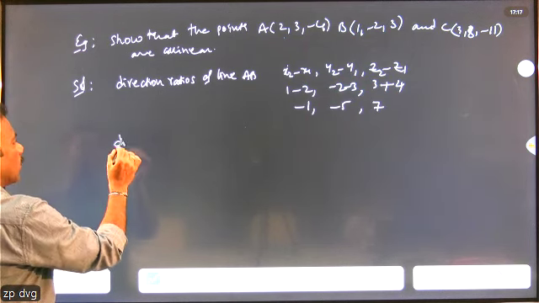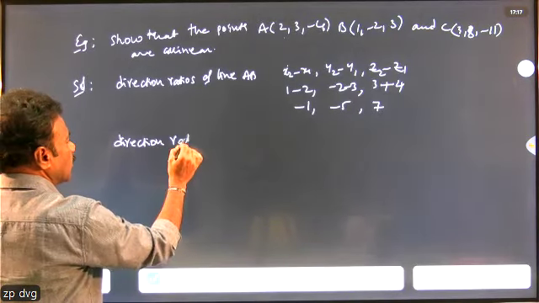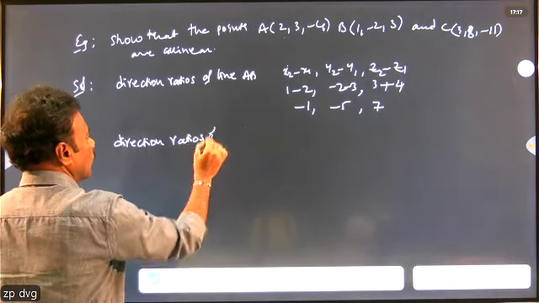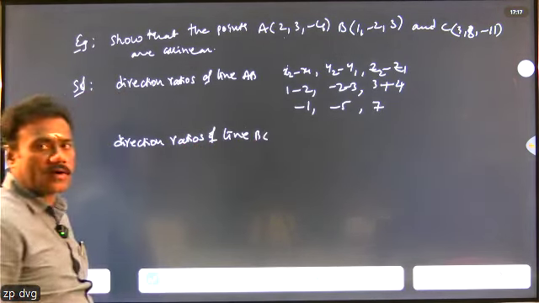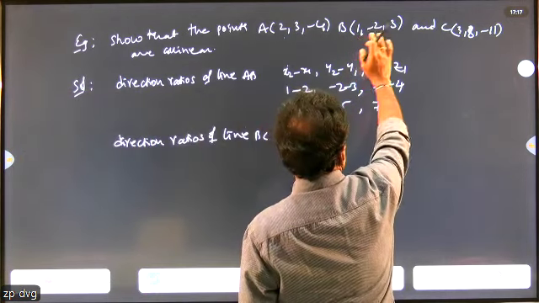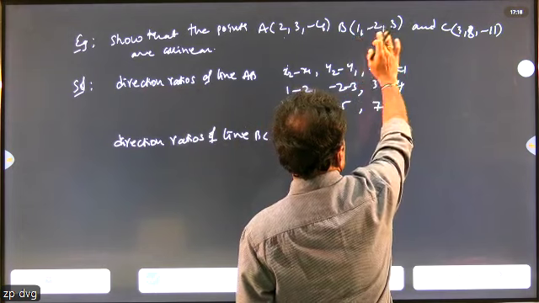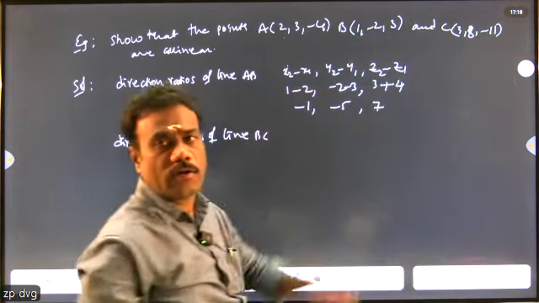Similarly, we will find the direction ratios of line BC. B is 1, minus 2, 3, which is x1 y1 z1, and C is 3, 8, minus 11, which is x2 y2 z2.